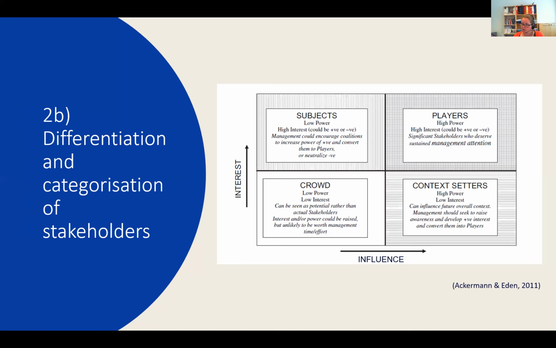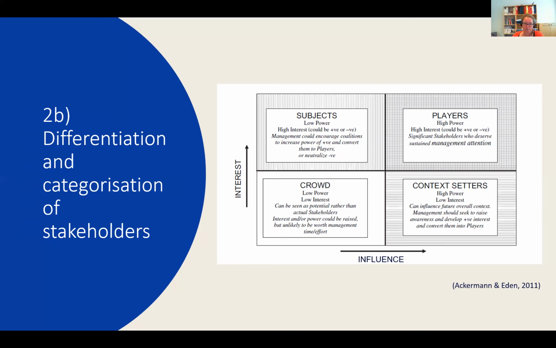So on this grid, the influence axis represents the stakeholder's capacity or power to influence the phenomenon. Influence is typically based on a stakeholder's ability to provide or withhold resources, to exert influence on others, or to access information, for example. And then the interest axis illustrates the importance that the issue has to the stakeholders. And this interest can, for example, be personal, political, financial, social, cultural, scientific, or a combination of those.